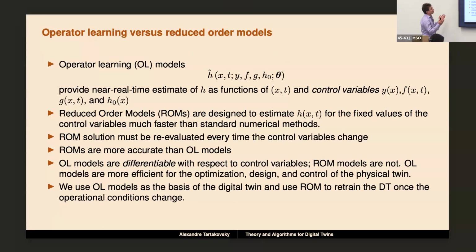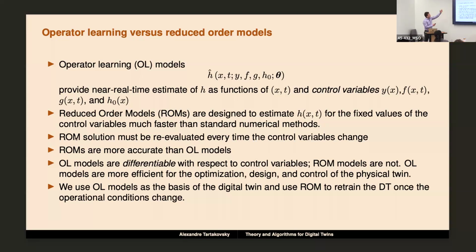We define an operator learning model as a model that provides a near real-time estimate of H as a function of X and T, and as a function of Y, F, G, and H0. Because digital twins are often used for control, we call Y, F, G, and H0 control variables.